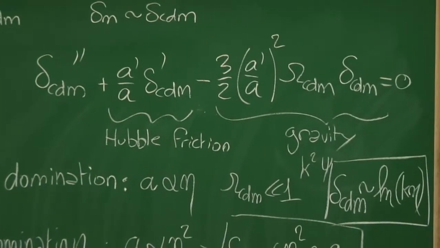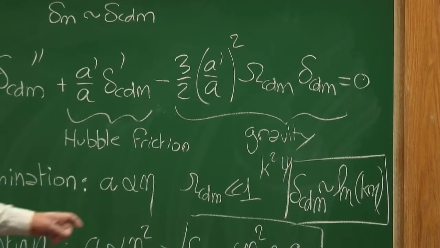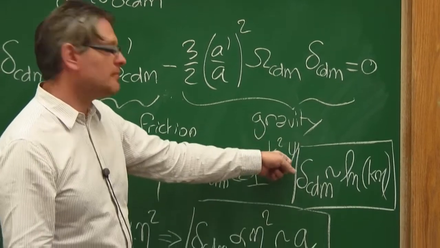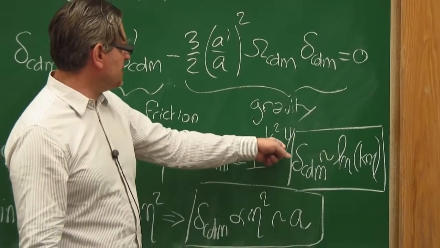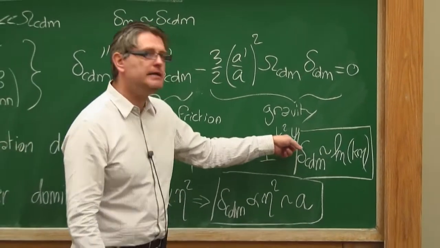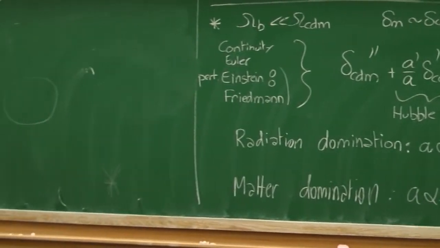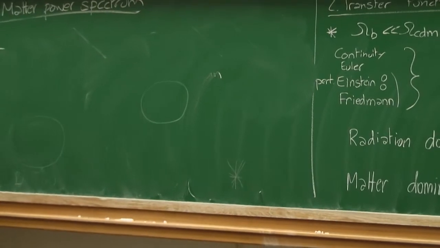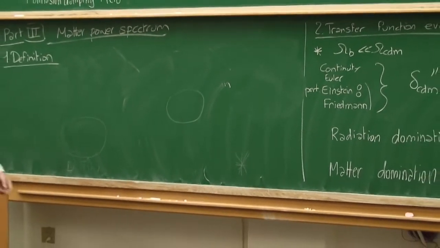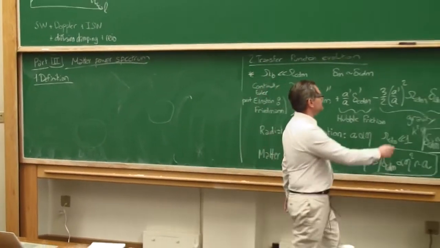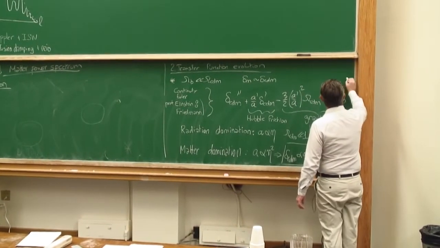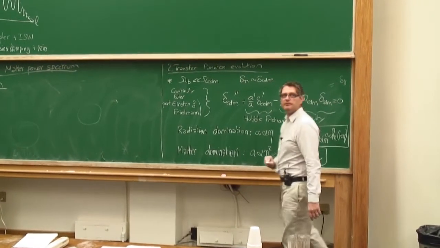Because during radiation domination, I said this term comes from gravity. If I use the Poisson equation, the Laplacian of psi is equal to the total density perturbations. If I am during radiation domination, a priori, I cannot neglect the photons. So I should have another term here. It should be coupled gravitationally with delta of the photons.